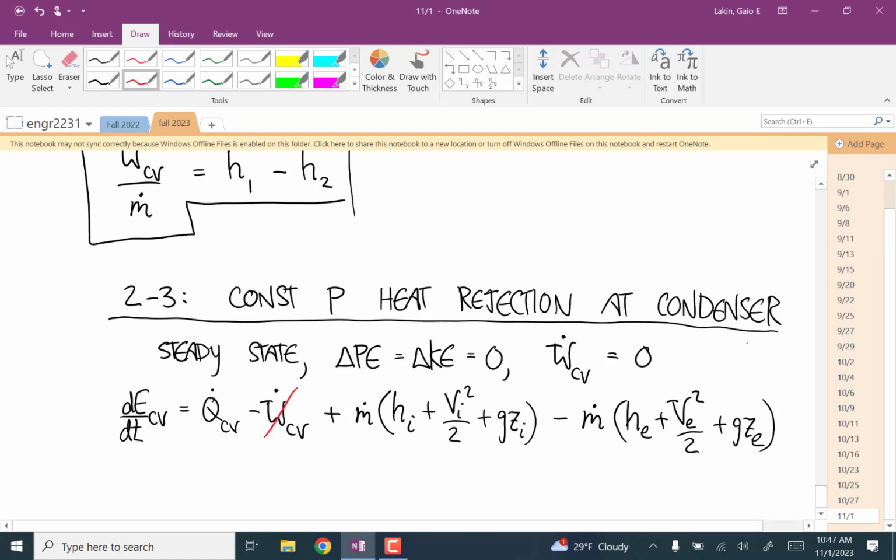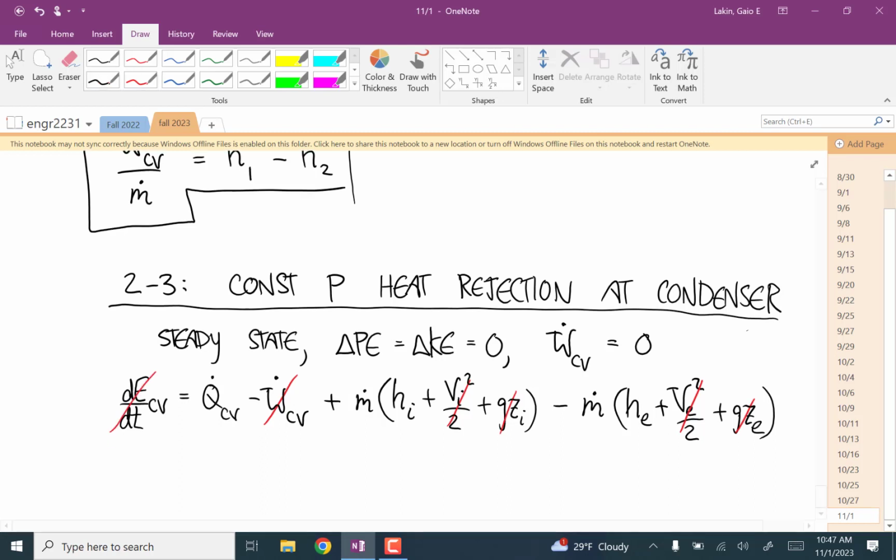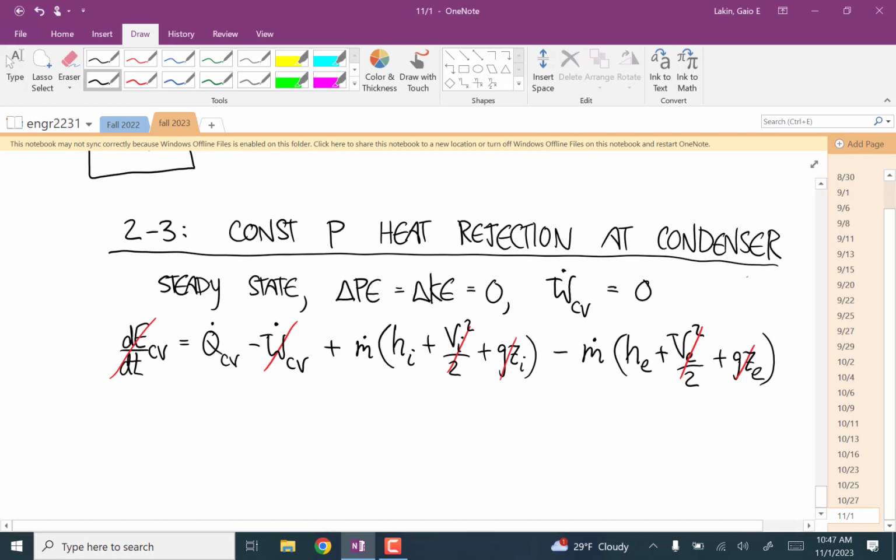We're ignoring the work, potential and kinetic energy, and dE dt. So this time you get that Q dot for the control volume is equal to m dot times h exit minus h inlet.